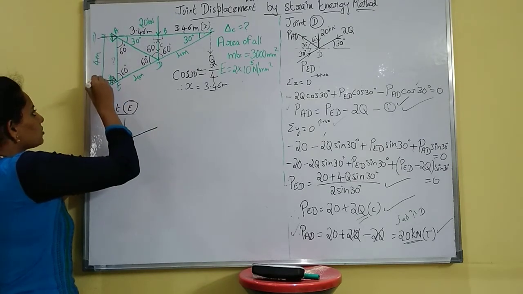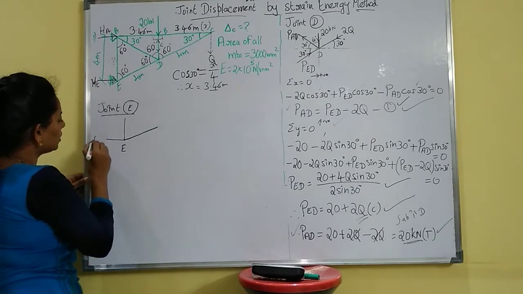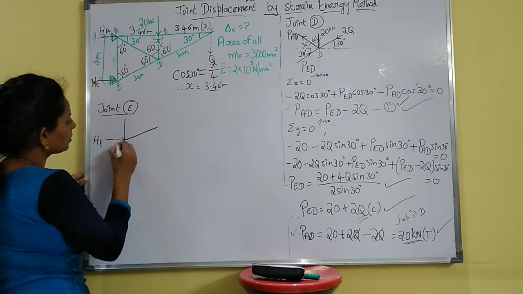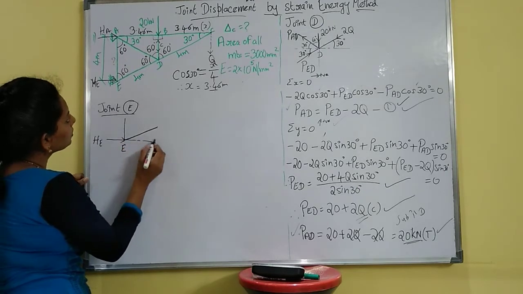This is horizontal, so write HE and HE. Okay, so here HE, and this is unknown, this is known now.